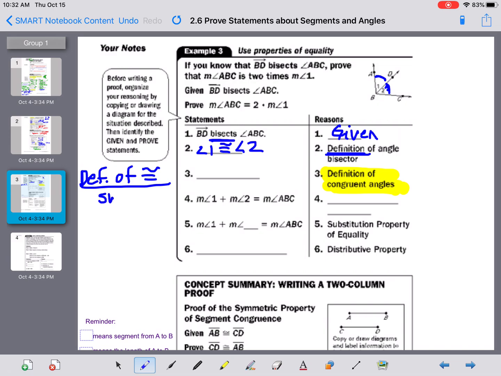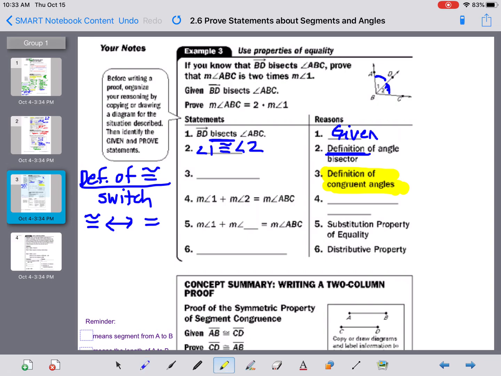It is a switch between congruent signs to equal signs, or from equal signs back to congruent signs. Anytime you switch between congruents and equals or equals and congruents, the reason we're going to use in our proof is definition of congruent. So if you see definition of congruent, we want to switch from a congruent sign to an equal sign or an equal sign to a congruent sign.